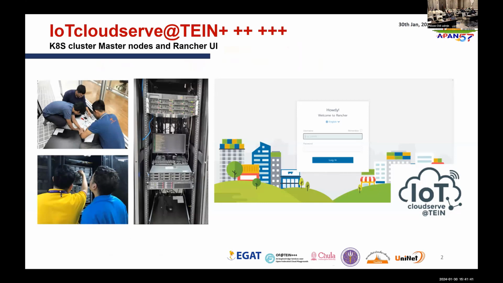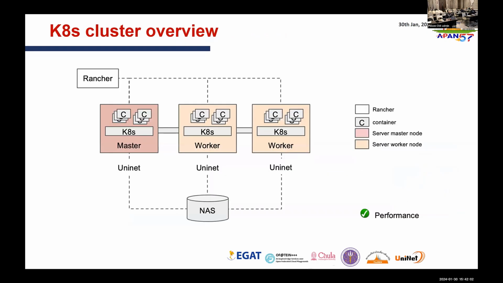At that time, we would like to get the most benefit from our infrastructure, so we selected a container orchestrator like Kubernetes. At first, we implemented the simplest way: we deployed the master node followed by the worker node, running together as containers. And inside the cluster, we have one NAS.